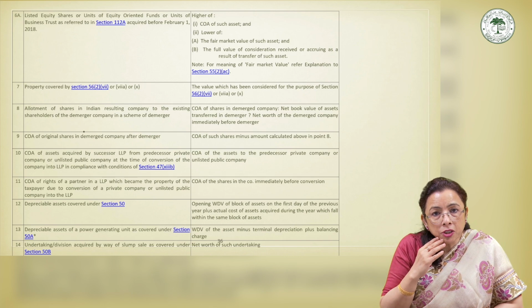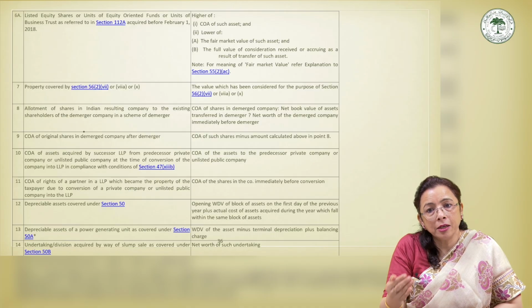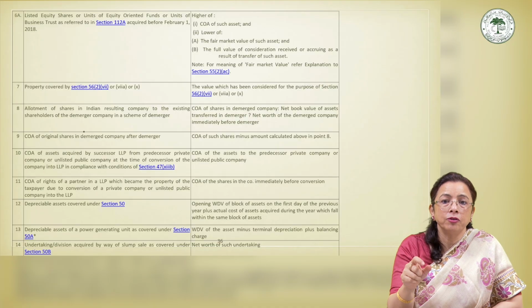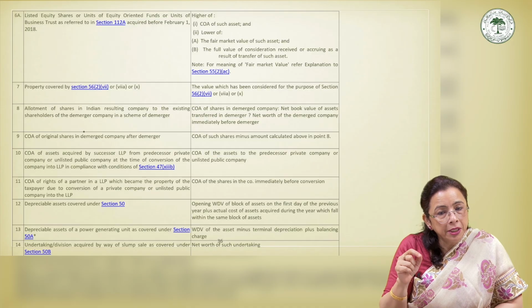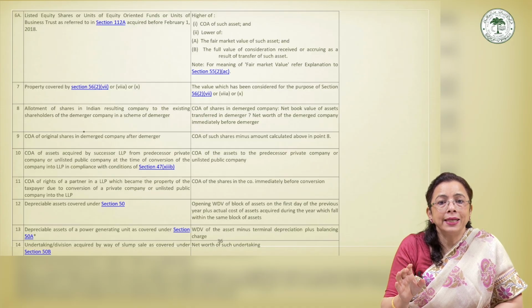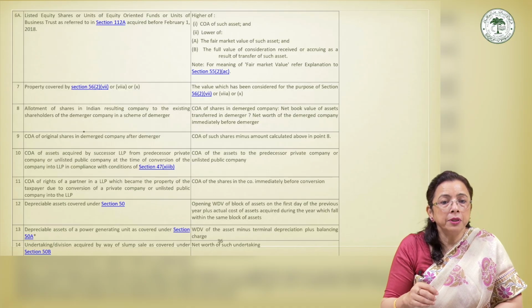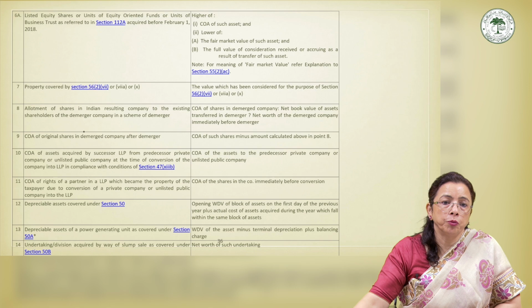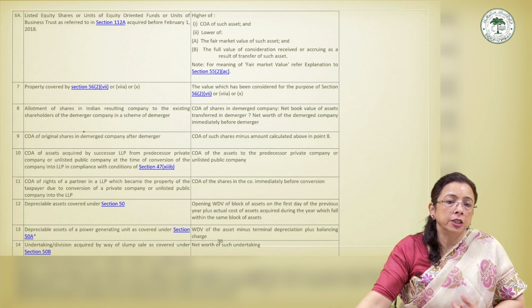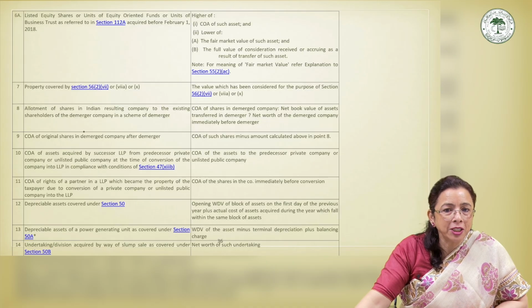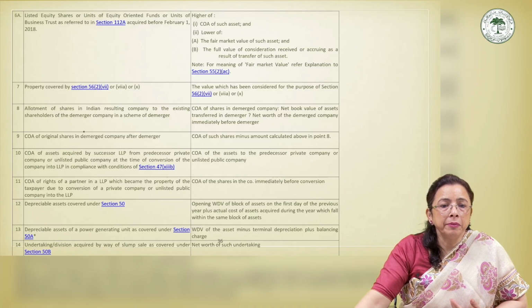The cost of acquisition of rights of the partners in the LLP shall be deemed to be the COA of shares held in the company immediately before conversion. For example, shares in the company purchased for rupees 5 lakh, company converted into LLP, then rupees 5 lakh will obviously become the COA of partnership rights in LLP. This will maintain the continuity of investment. There is no breakage here.